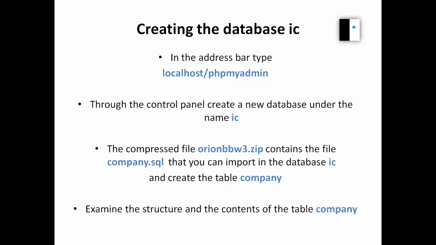To do that, in the address bar of your browser, you type localhost/phpMyAdmin, and through the control panel, you can create the new database and give it the name IC. The compressed file you have downloaded also contains the file company.sql that you can import in the database IC and create the table company there. And please examine its structure and its contents.